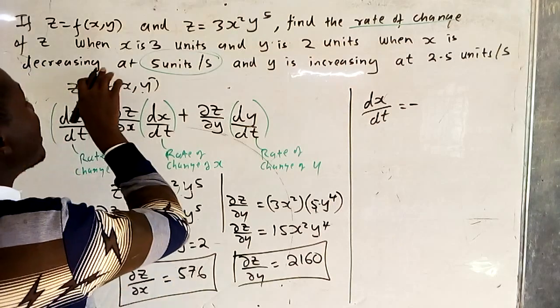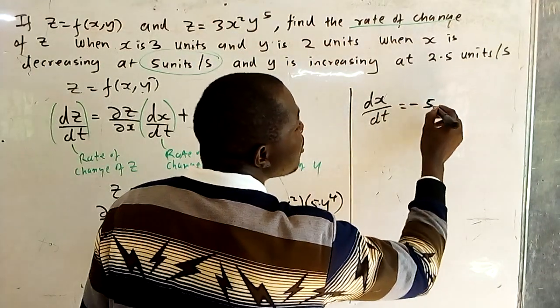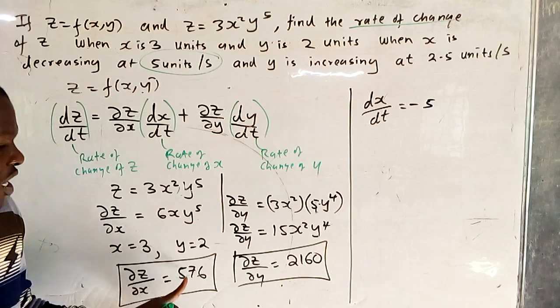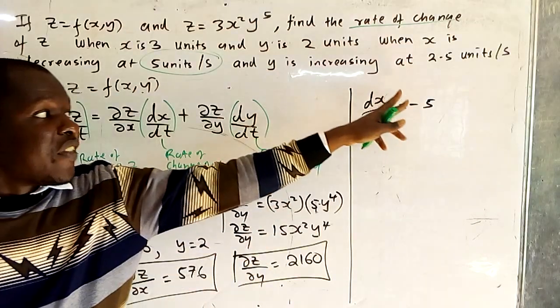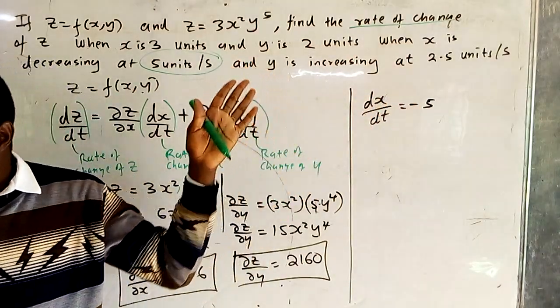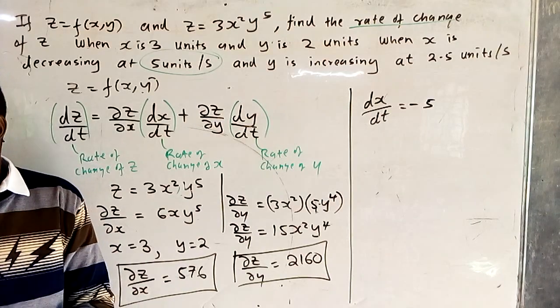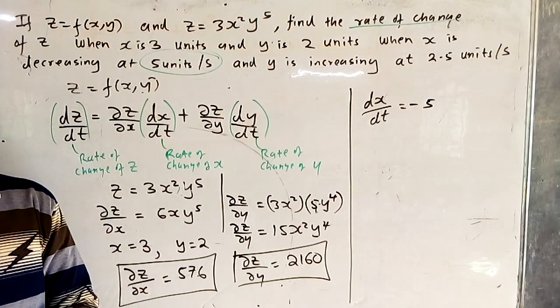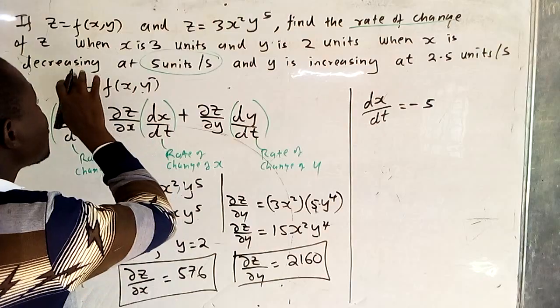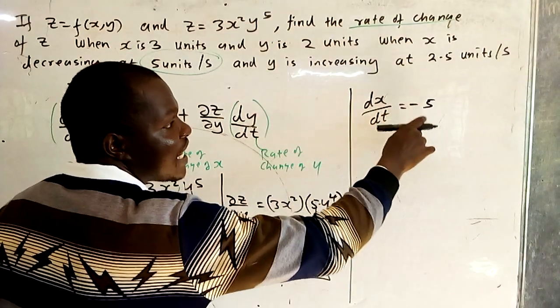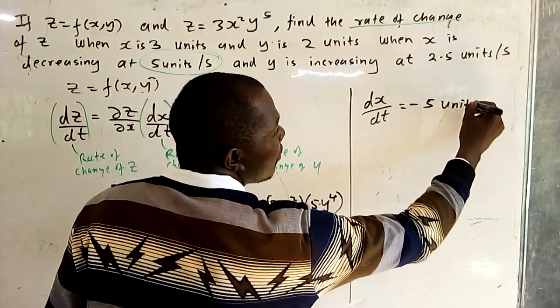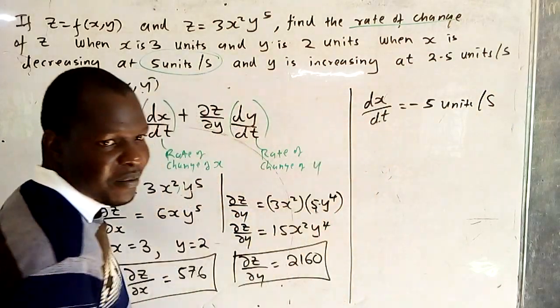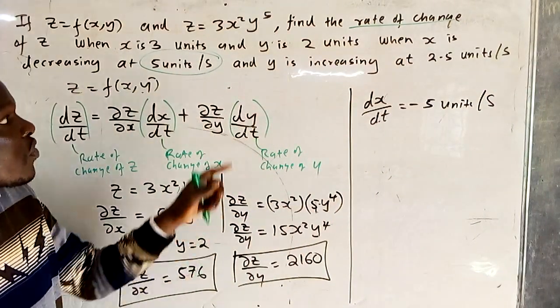So x is decreasing at negative 5 units per second. Remember, these ones are also units, meaning there is also units per second. So we have the same units. There's nothing to be transformed, isn't it? So you are done with that? Is that okay? You move to the next one.